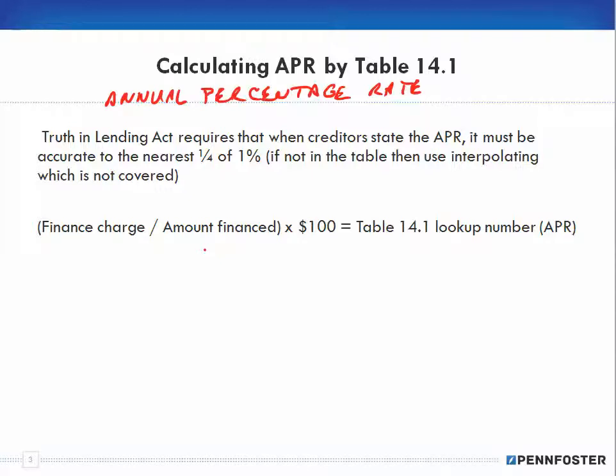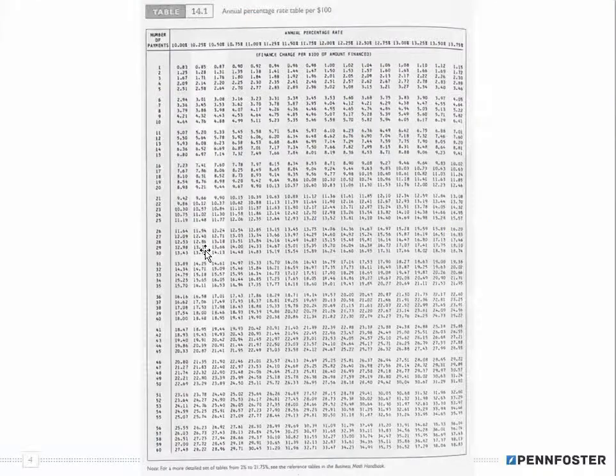Right now, I did provide one portion of table 14.4 here in this slide, and I know it's hard to see because I copied the whole page, but you can look at this in your textbook. Across the top is interest rates, and down the side is the number of periods, and when you locate the interest rate with a number of periods, it tells you what your annual percentage rate is.